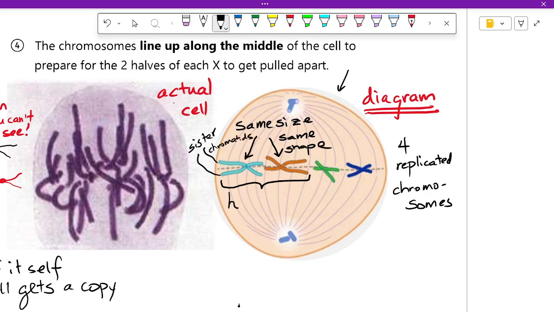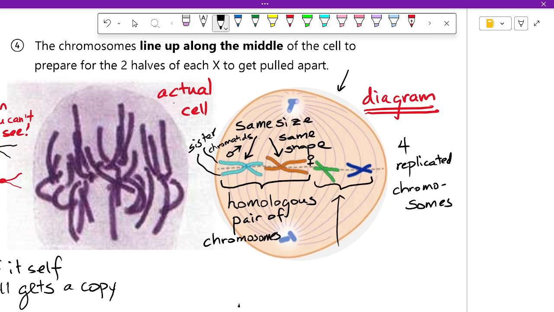So one came from dad and one came from mom. And the pair that came from mom and dad are called homologous. There's a homologous pair of chromosomes. Do you see how the other 2 are also the same size and the same shape?